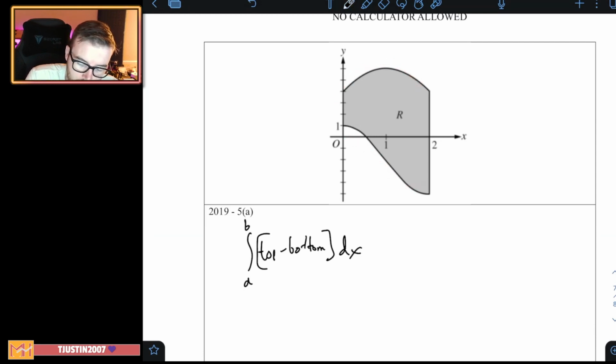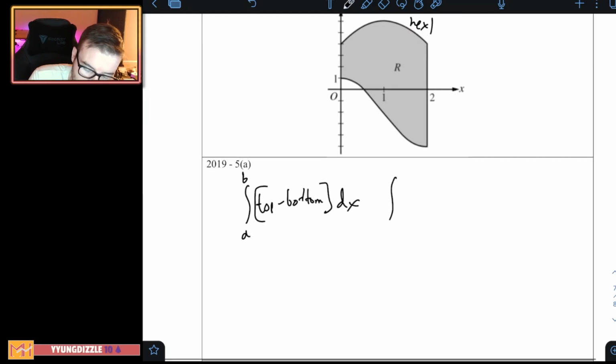I'm not going to bother flipping up and down. I'm just going to look at the piece of paper here. As we said, the top function is h. In the context of this problem, from 0 to 2. Why 0 to 2?